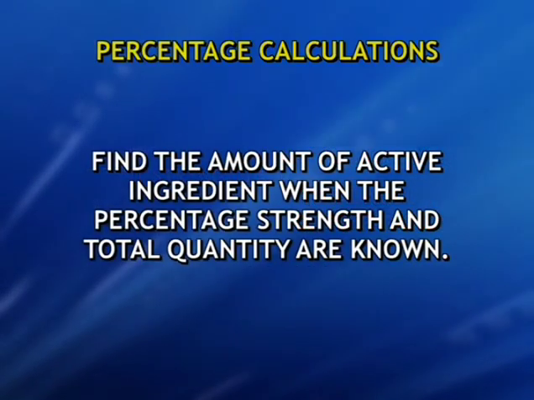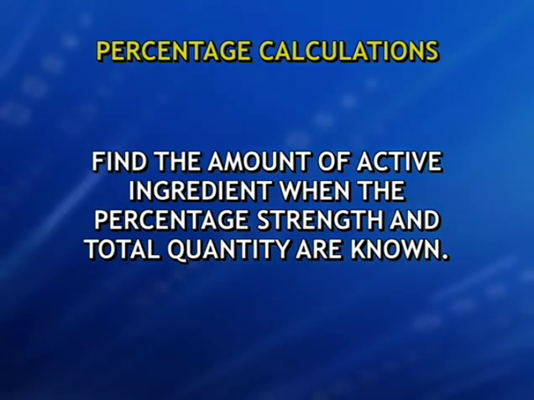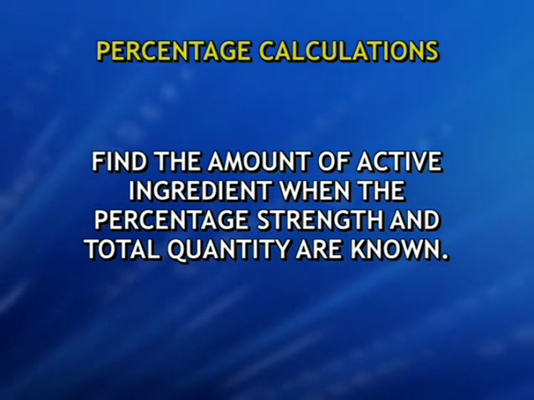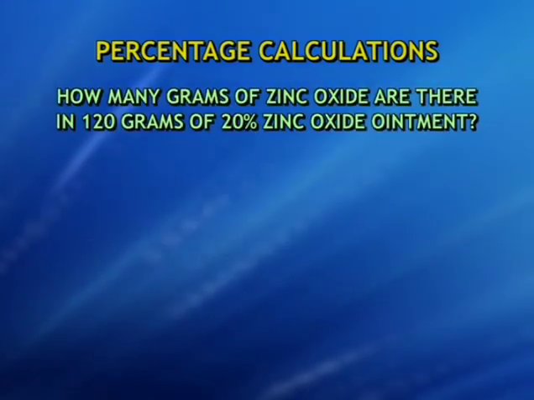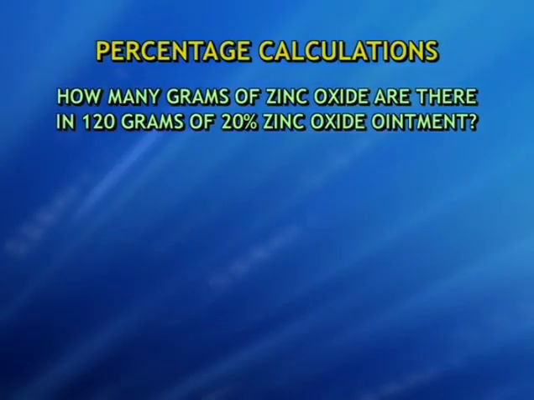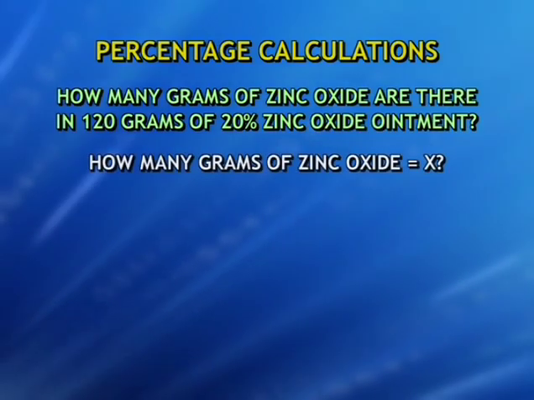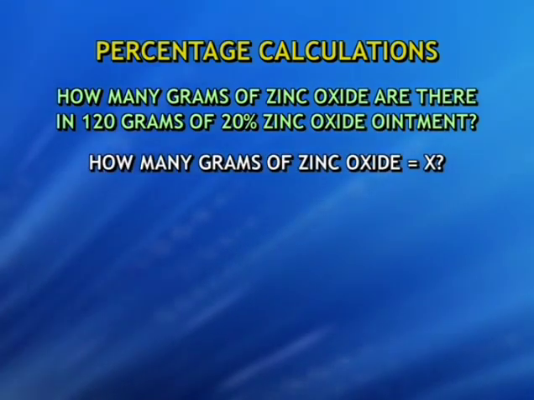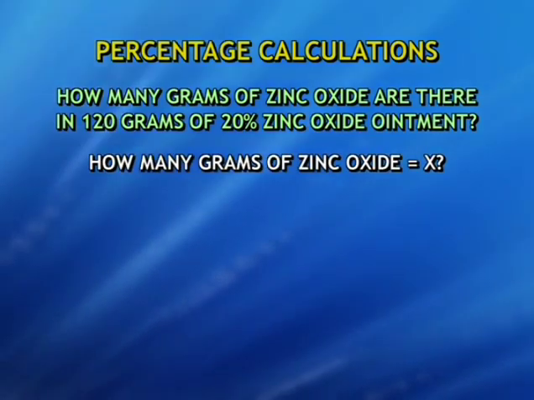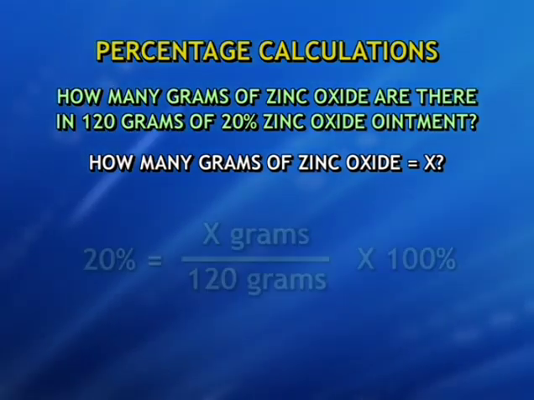Find the amount of the active ingredient when the percentage strength and the total quantity of the mixture are known. How many grams of zinc oxide are there in 120 grams of 20% zinc oxide ointment? Let X represent the how many part of the question. Step 1.